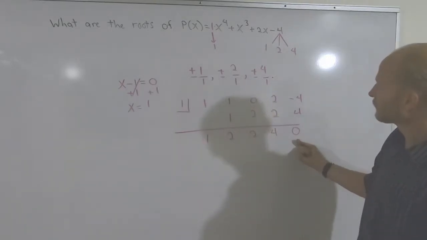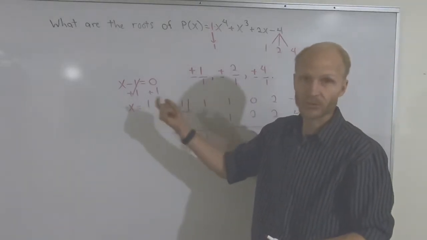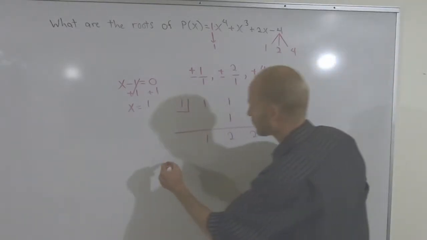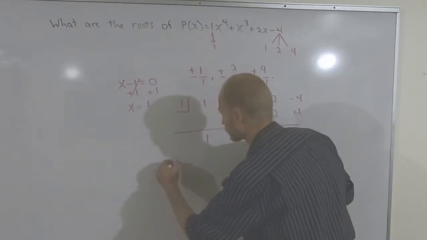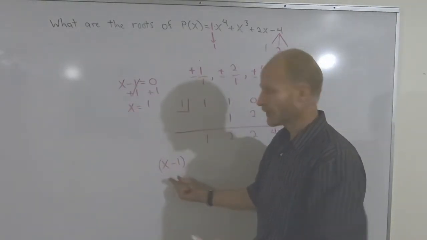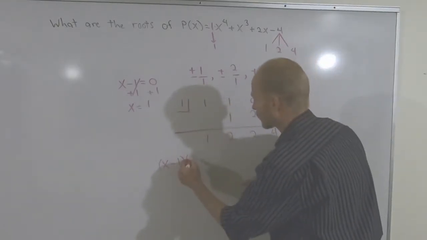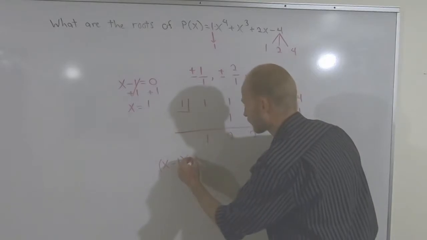All right? Whenever you get a remainder of 0, that means this is an actual factor. And so we can actually rewrite this as x minus 1, because we found out that x minus 1 is a linear factor, times whatever comes out of our synthetic division. So this represents x cubed.